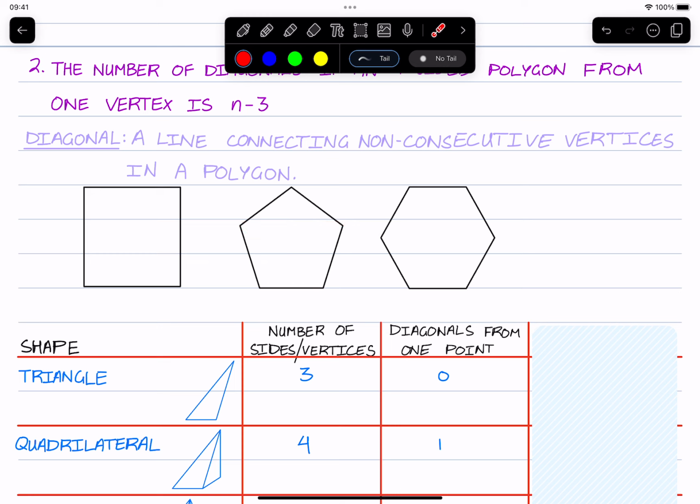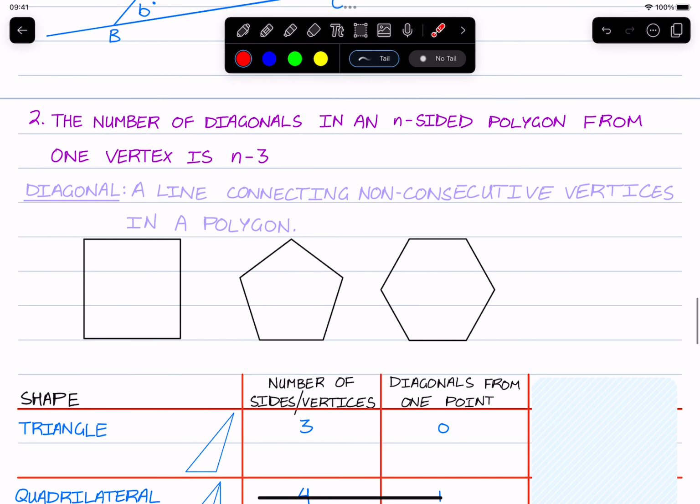I'm sure you get the idea. And for this one, I'll just draw all the diagonals. See if I miss any. 1 here, 1 here, and I'm pretty sure that's all of them. So those are all the diagonals.